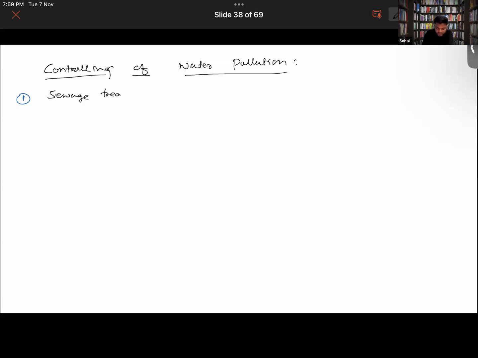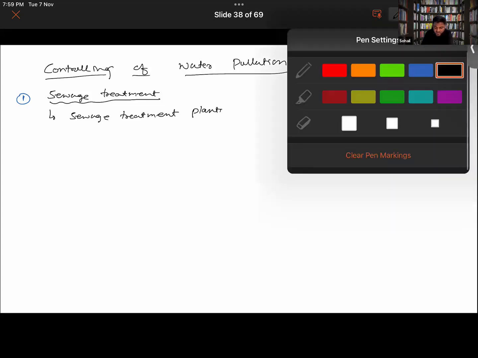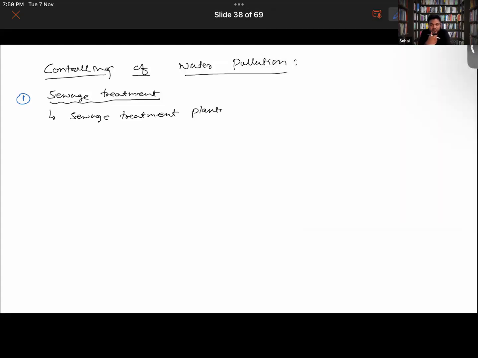Let's start from our homes, from where the majority of the waste is being dumped into the water bodies. So sewage treatment has to be done. In order to do that, we have sewage treatment plants. In almost every district, there's a sewage treatment plant in which water goes through a different process where harmful components are separated. We will be coming to that in a moment.